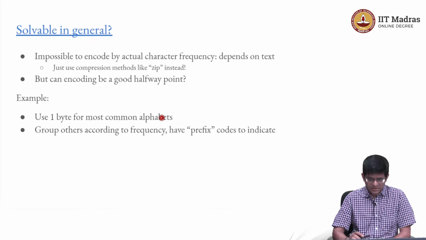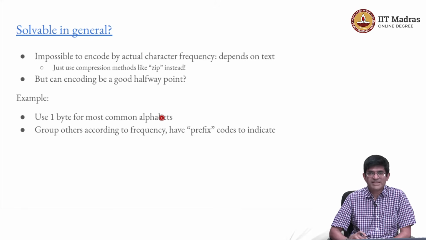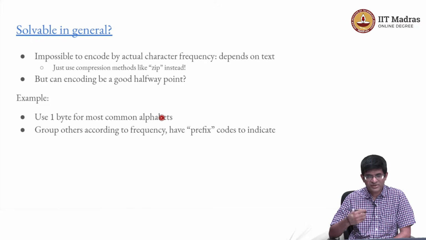So the question then comes, is this solvable in general, right? Now, trying to encode by actual character frequency is not always a good idea because it ultimately depends on the text. You might have one particular piece of text which is just created to show that these characters are rare, but I'm going to use them a lot, in which case you would probably do poorly in your encoding.